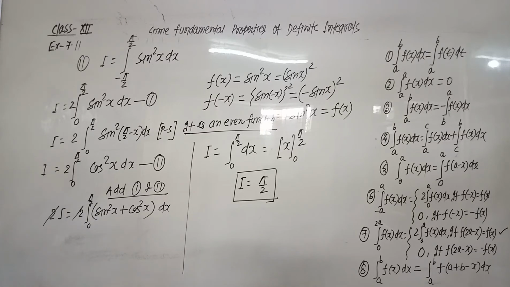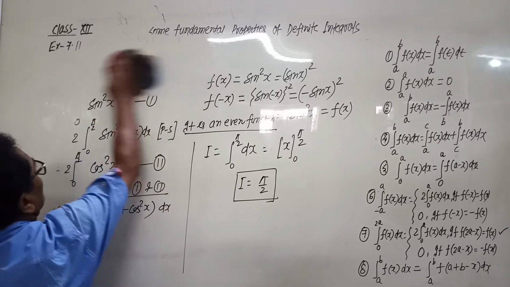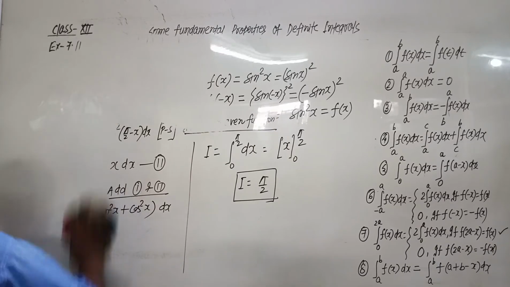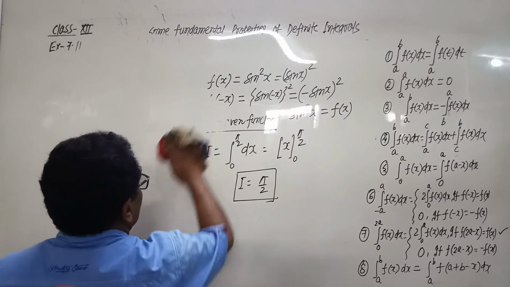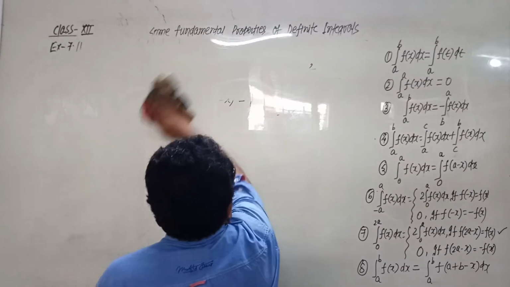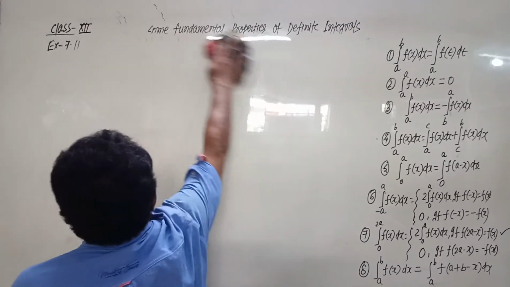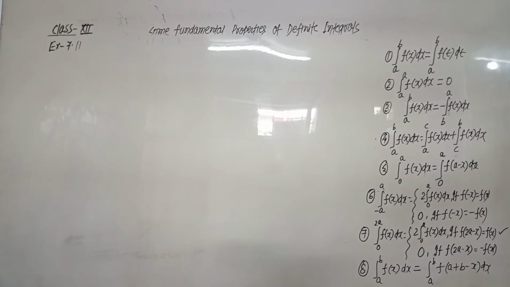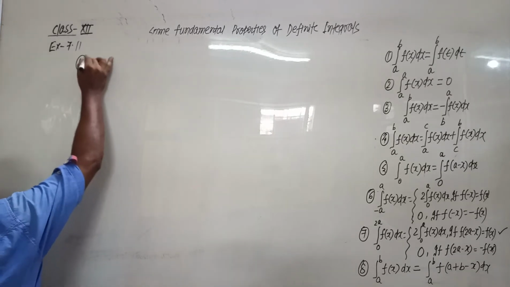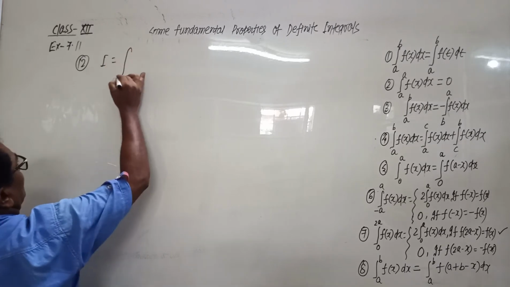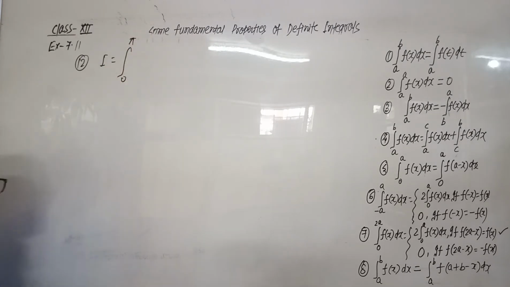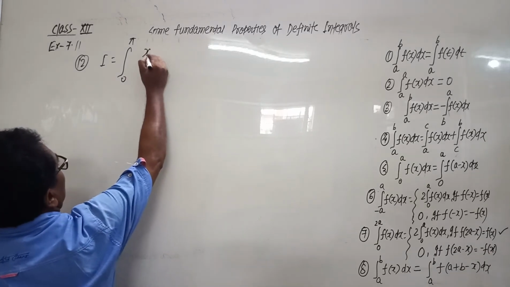Now the next question. Question number 12. This is the integral with limits from 0 to pi of x dx upon 1 plus sin x.